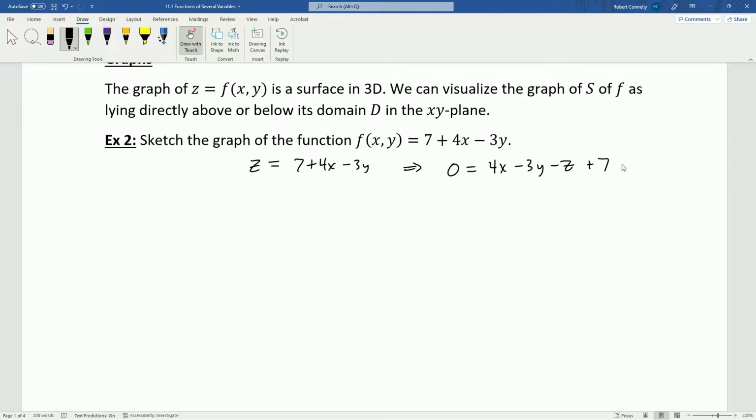And what else do we know about this? So this is a plane, and it has normal vector (4, -3, -1). That's just those coefficients. So let's try to sketch this.